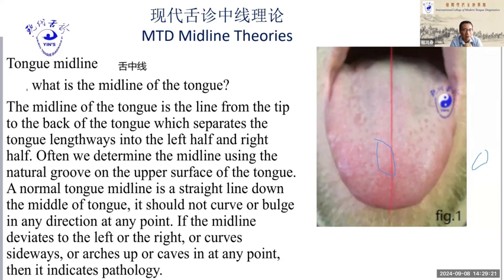A normal tongue midline is a straight line down the middle of the tongue. It should not curve or bulge in any direction at any point. If the midline deviates to the left or the right, or curves sideways, or arches up, or breaks at any point, then it indicates pathology.